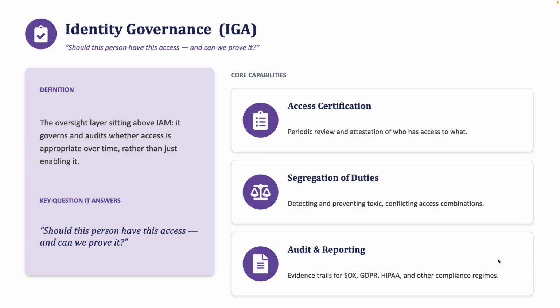Identity governance mainly poses the question of should this person have this access, and can we prove it. So you do access certification, basically periodic review and attestation of who has access to what, especially in an internal workforce environment, and segregation of duties, especially conflicting access combinations, and detecting and preventing toxic conflicting access combinations are all what you do with segregation of duties.